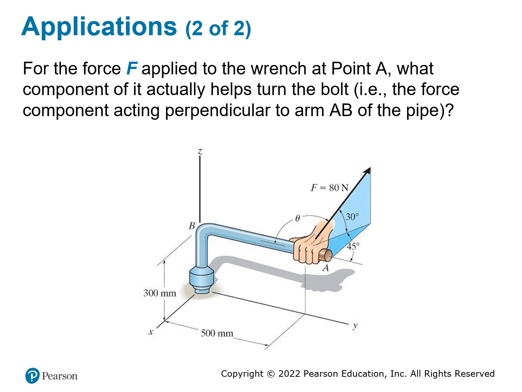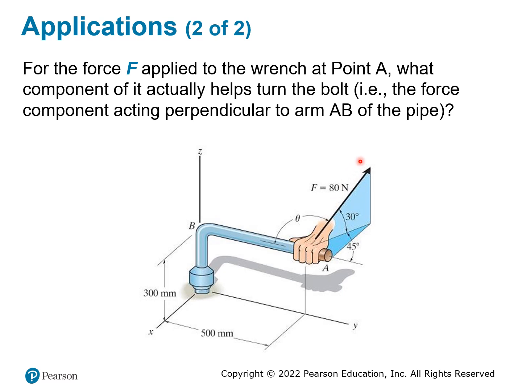To give you an idea why we need the dot product, let's use this example. Suppose you apply a force on a wrench at the point A. Your hand is here, this is the wrench, and you are pulling the wrench in this direction.